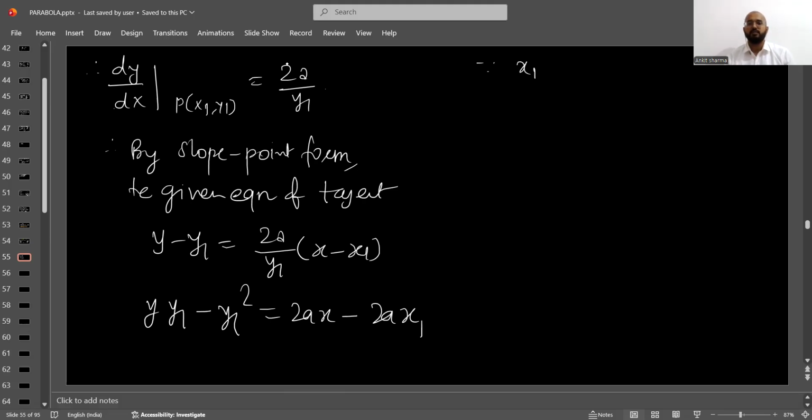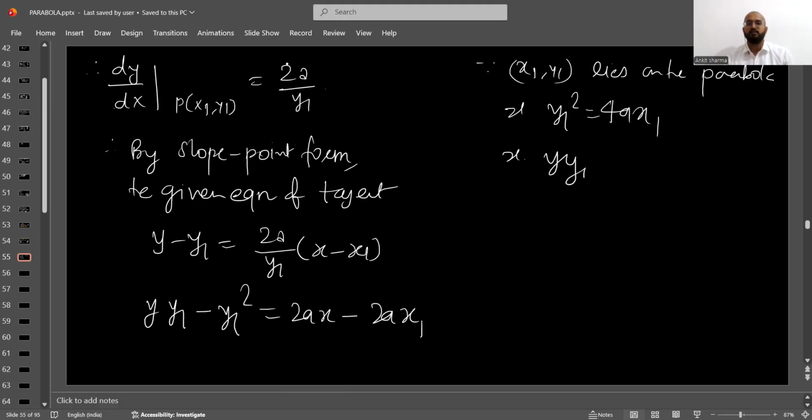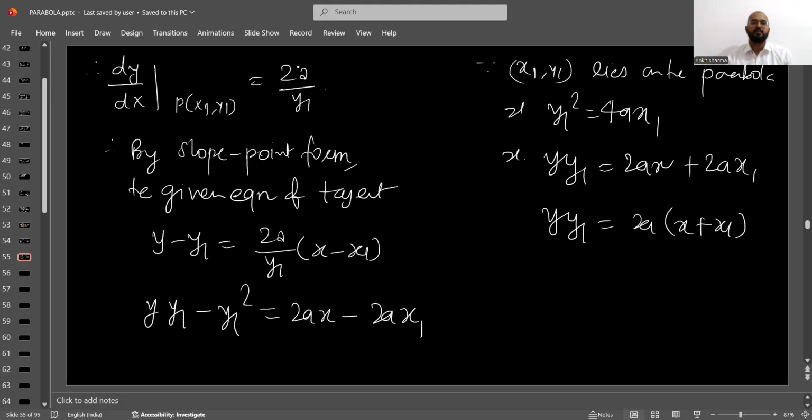Now since x1, y1 lies on the parabola, this implies y1 square is equal to 4ax1. So I can now write y y1 is equal to 2ax, and this guy would come here and we'll make it 2ax1. So this becomes y y1 is equal to 2a into x plus x1. This is the equation of tangent to the parabola at a point P on it.